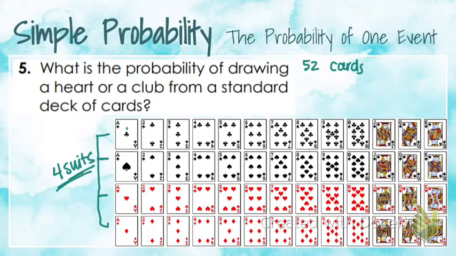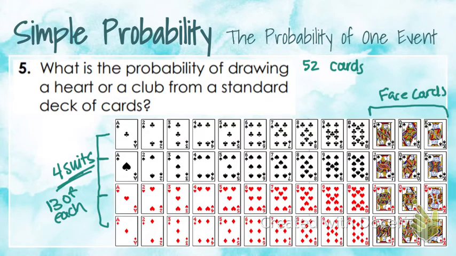Okay, so these are clubs, spades, hearts, and diamonds. And then these 3 cards of each suit are face cards. So there are 13 of each suit. And then there are 26 reds and 26 blacks.